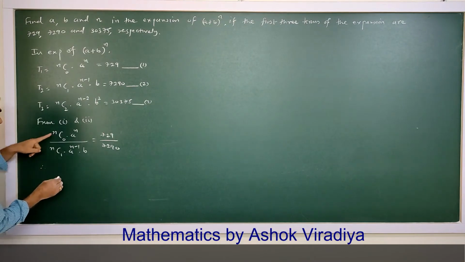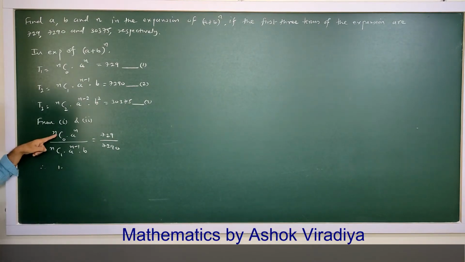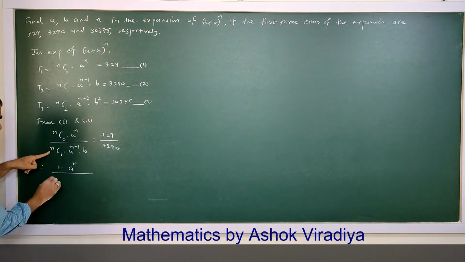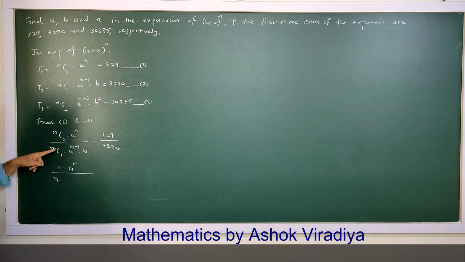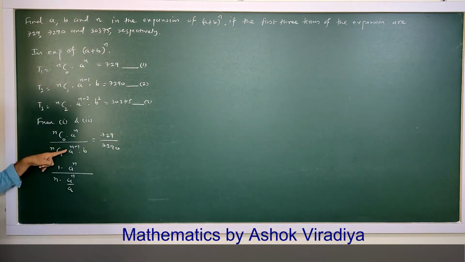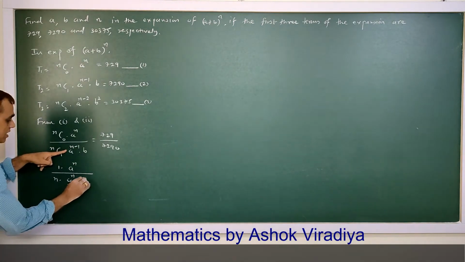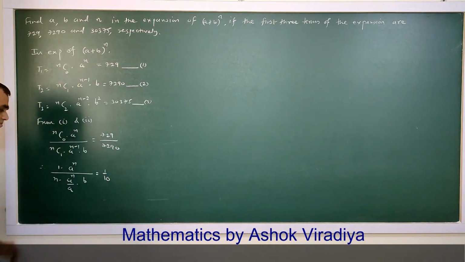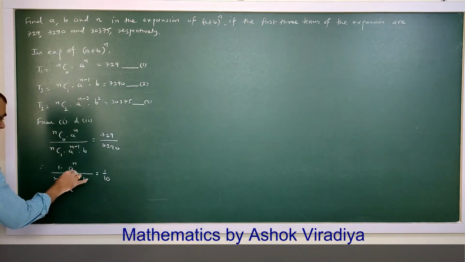Now nC0 is 1, this is a raised to n, upon nC1 is n, this is a raised to n upon a, into b, equal to 1 by 10. So this will be cancelled.